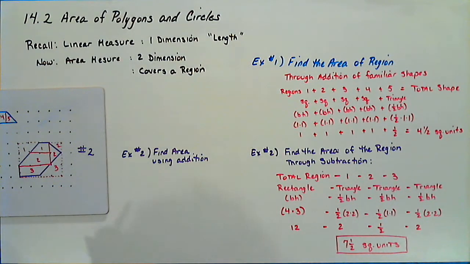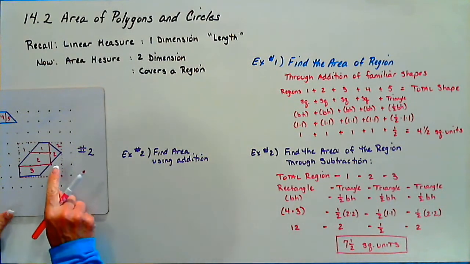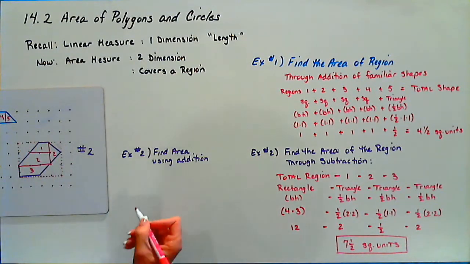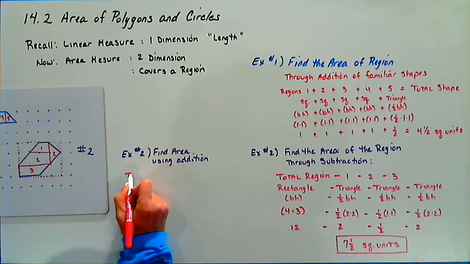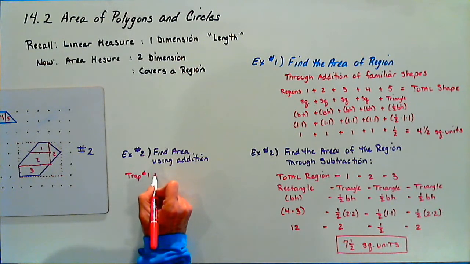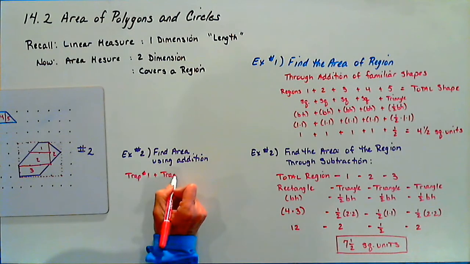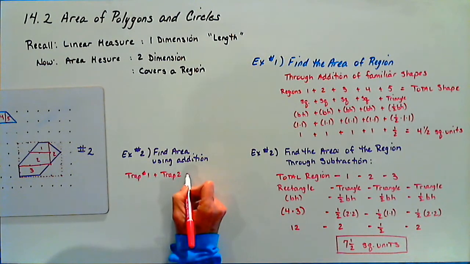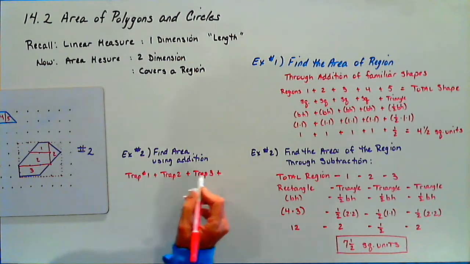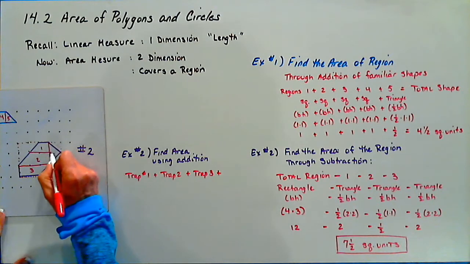So I'm just curious to see what I end up with if I do it using addition instead of subtraction. So I have a trapezoid for number 1. I have a trapezoid for number 2. Oops, I have 2 number 2s. I have a trapezoid for number 3. And I'm going to switch this one to number 4 as my triangle.